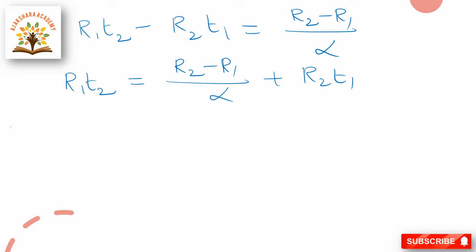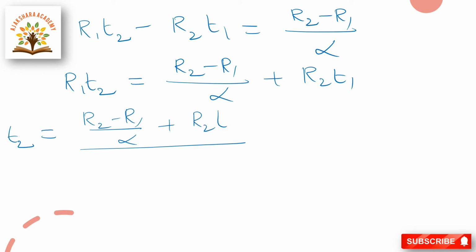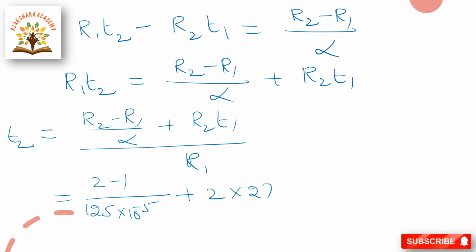So T2 is equal to (R2 minus R1) by alpha by R1, plus R2 T1 by R1. Now substituting values, (2 minus 1) by 125 into 10 to the power of minus 5, plus 2 into 27 by 1.